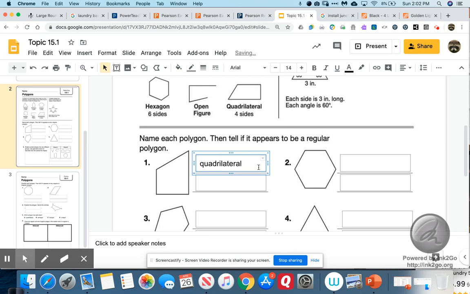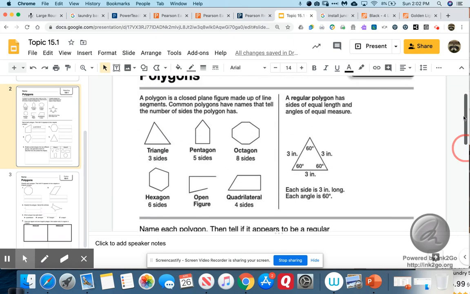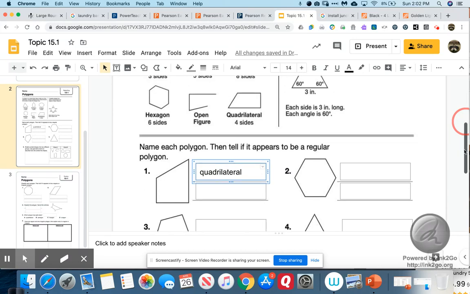And the spelling is right there if you have trouble. Now, is this regular or irregular? Well, a regular polygon has sides of equal length and angles of equal measure. Are all the sides on this shape equal? No. So it's irregular.